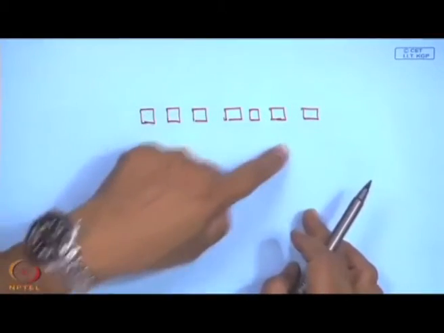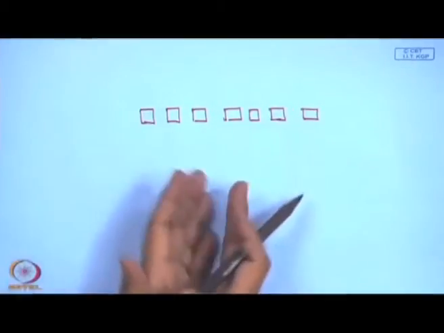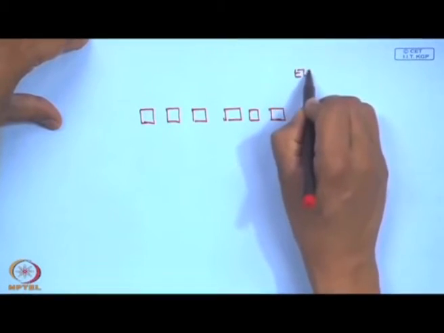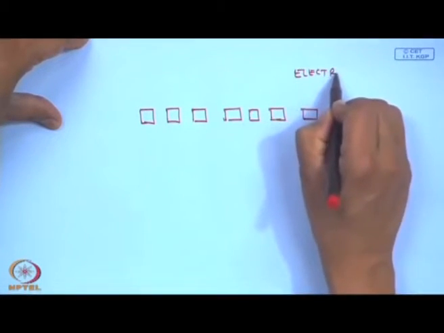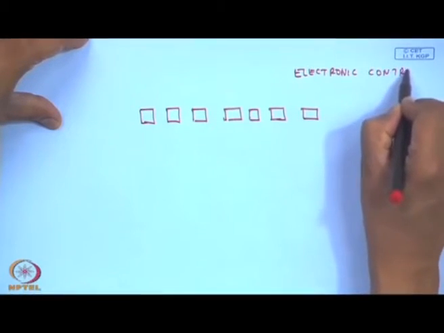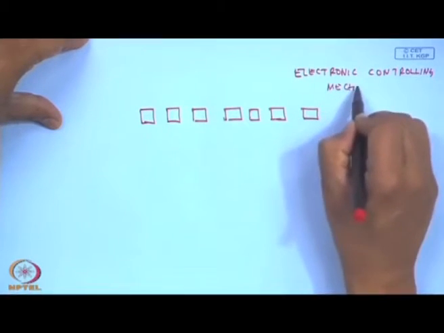Then the flight time will be different, and I can steer them or I can converge them. All these operations are possible through an electronic controlling mechanism, or a circuit.